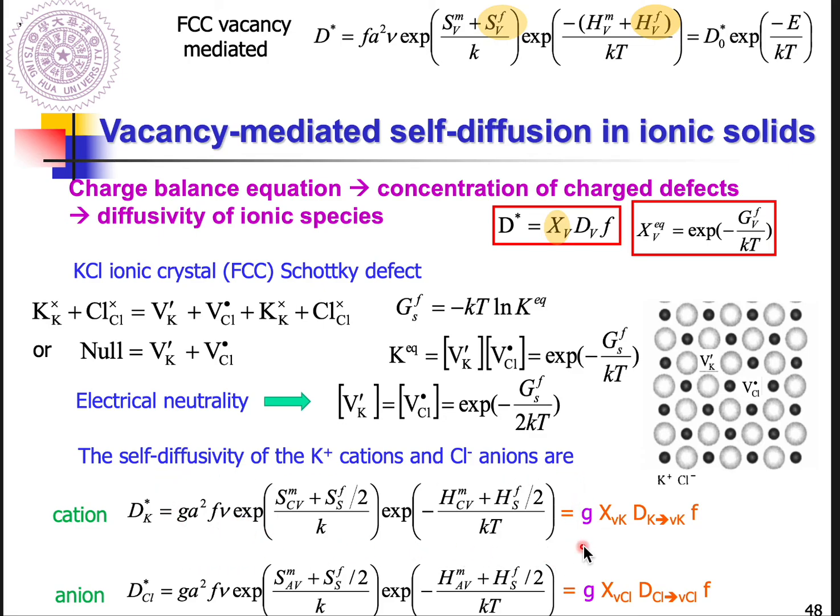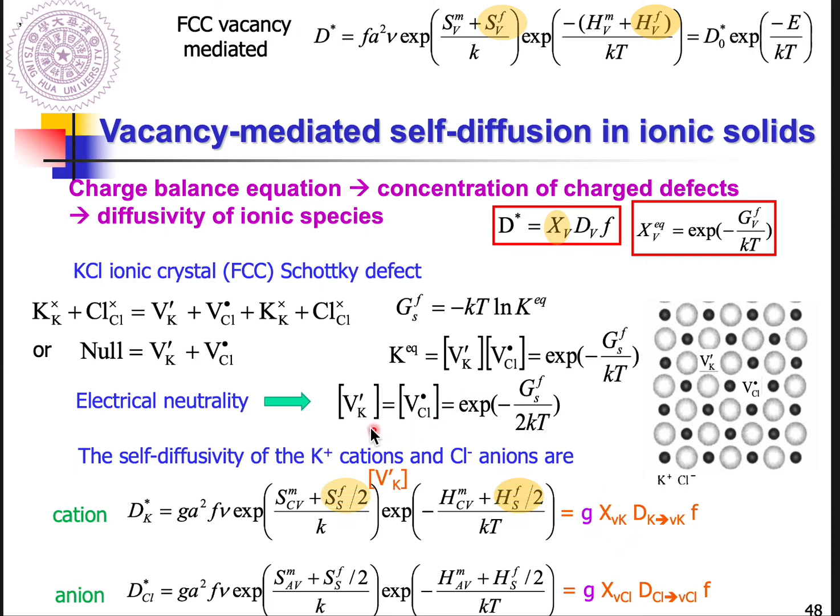Okay, so don't forget, I give you some review here. From the previous slide, we got that if it is FCC vacancy-mediated diffusion, you get these results, right? So we just copy the parameters here, but the most important thing here is what's the XV.